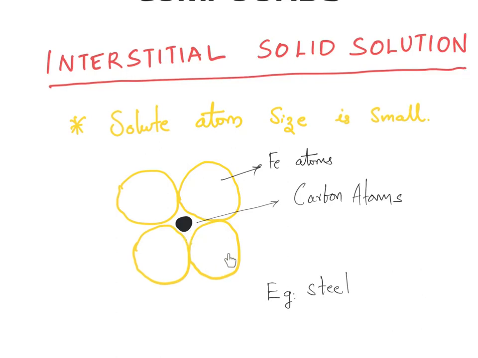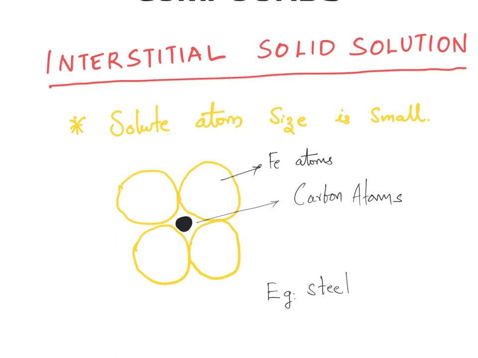As you can see here, carbon atoms are so small compared to the iron atoms, so they can occupy an interstitial position. They can't substitute the big iron atom, first of all. They can only occupy interstitial positions. So these are called interstitial solid solutions.